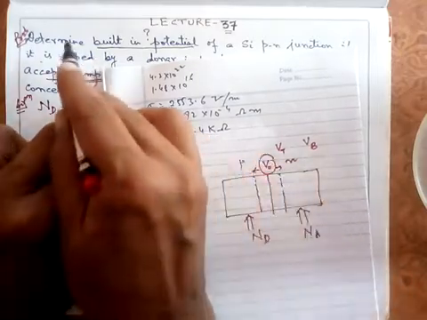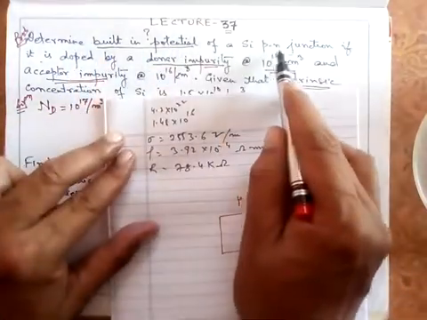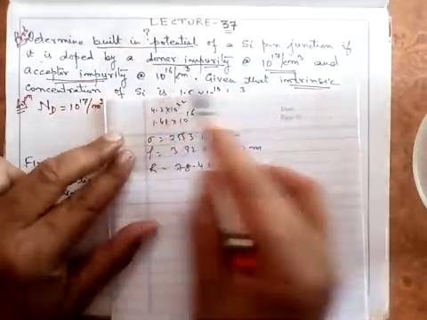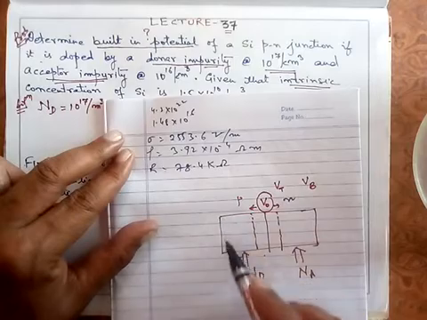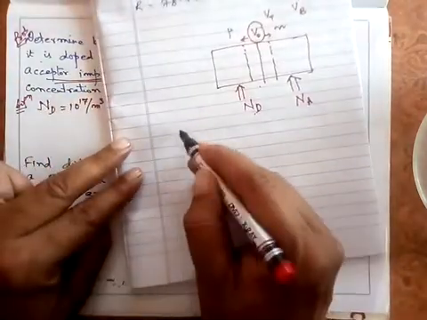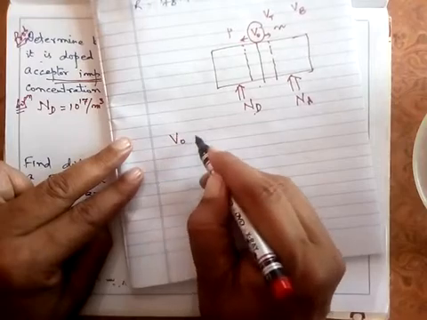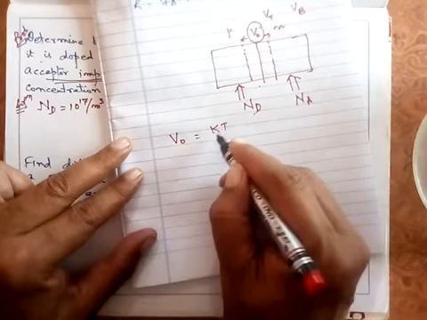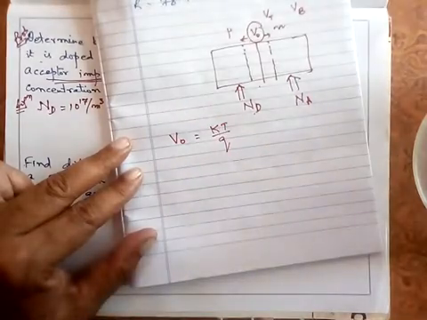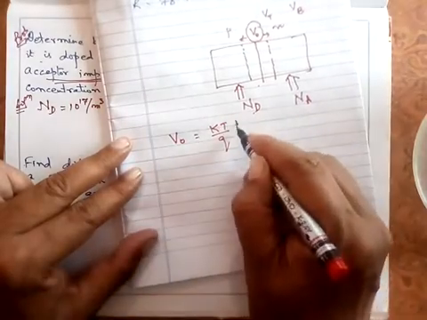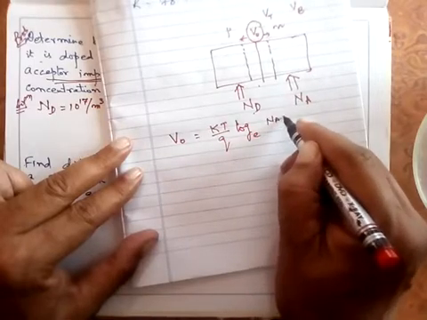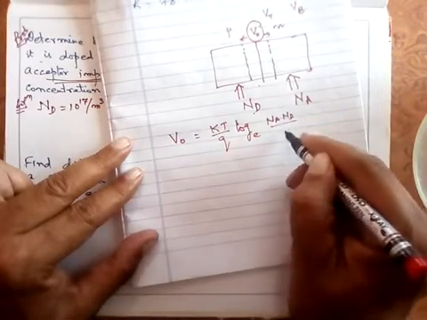It is asked, determine the built-in potential in a silicon PN junction if it is doped by donor impurity. This is given to you, and acceptor, of course, intrinsic concentration is given to you. Now I told you that this built-in potential V0 is given by KT upon Q into log base e of Na into Nd upon Ni square.